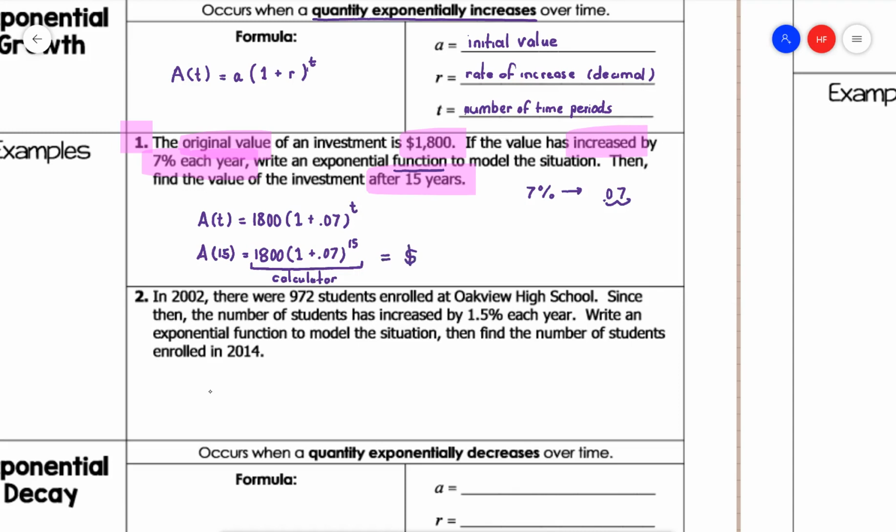And this is an investment. Its value is in money, so we're going to leave the answer in money. And so we've got dollars, and it says after 15 years. So when we put that whole thing in the calculator, we get $4,966 with 26 cents.